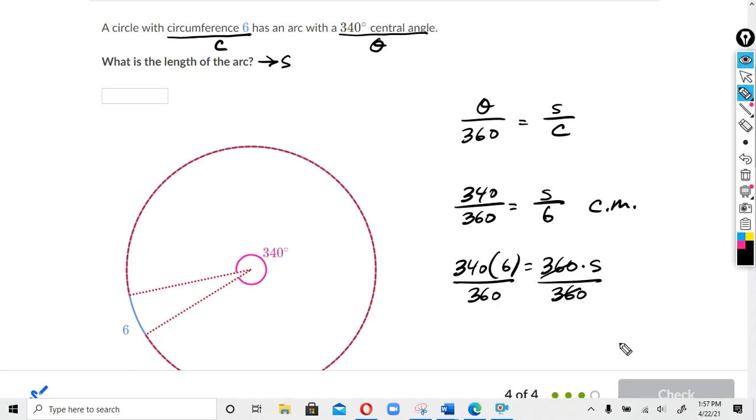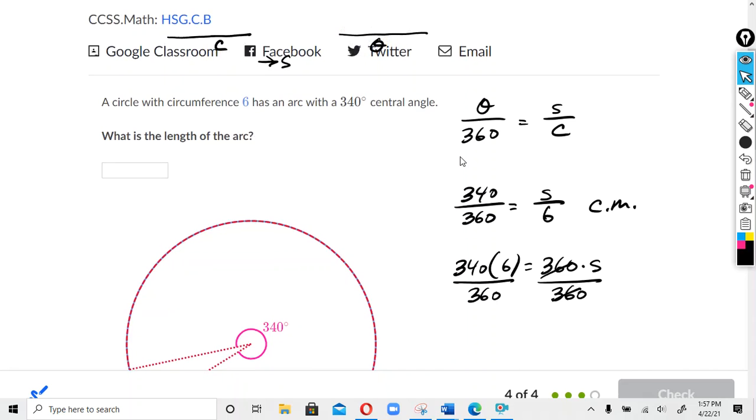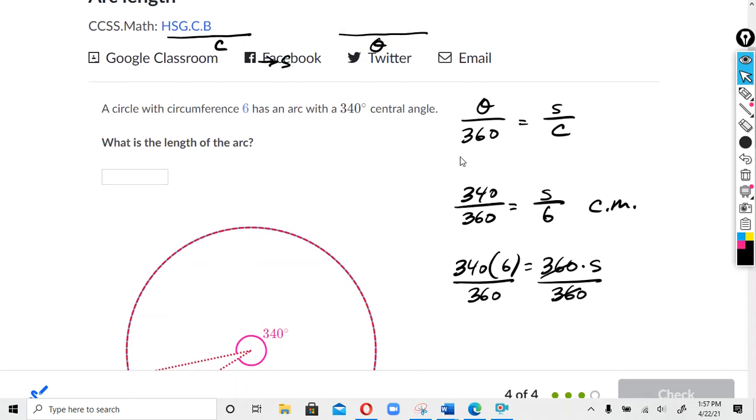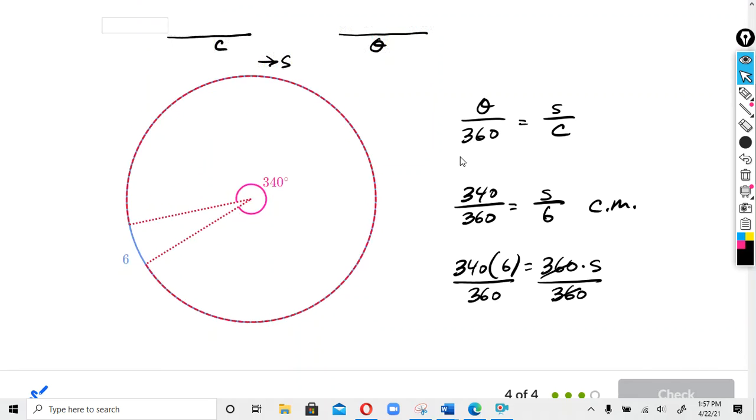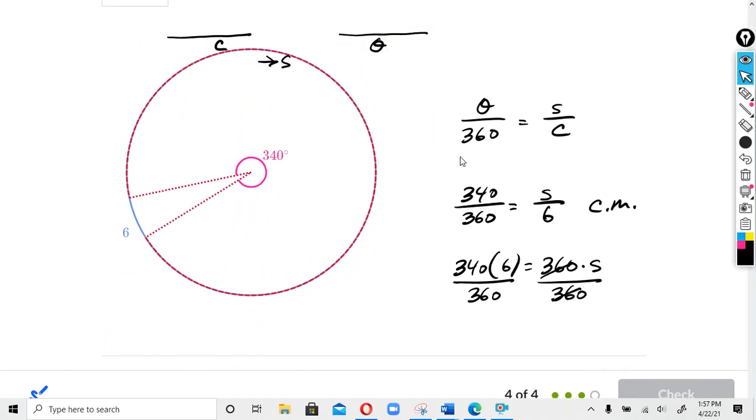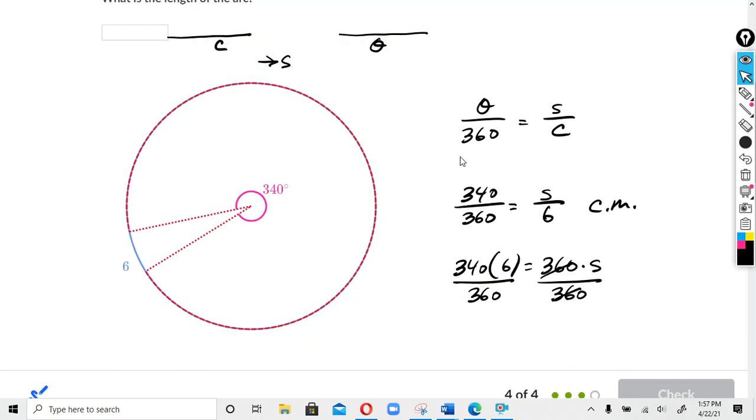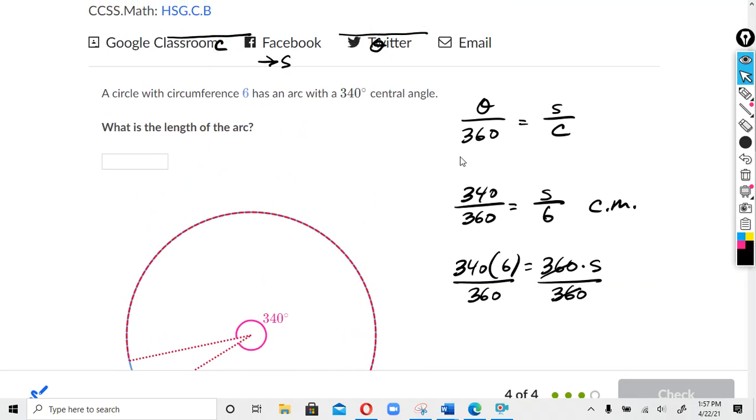I got a decimal, 340 times 6 divided by 360. Let me see if it says to round off here. What is the length of the arc? I got 5.666667.